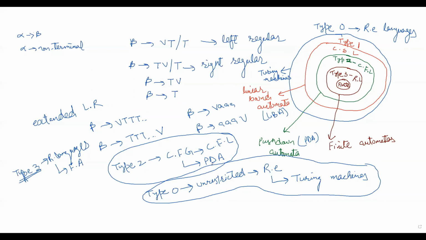After completing this, we will move to another topic, that is type 0 grammars. So we will discuss the unrestricted grammar, recursively enumerable languages, and Turing machines, and many other concepts related to the Turing machines. So from our next lecture, we will start discussion about the type 2 grammars, that is context-free grammars.